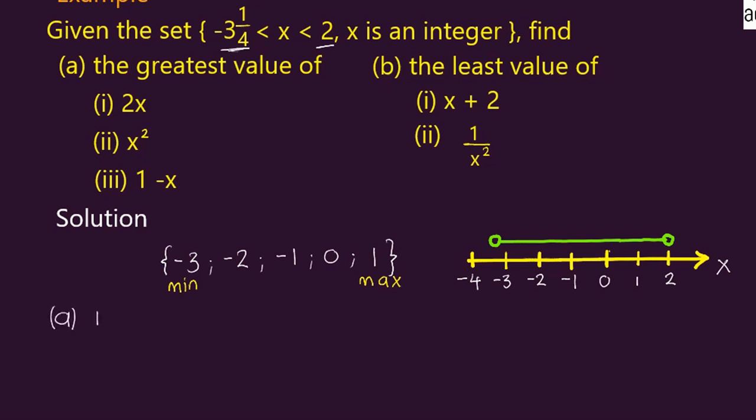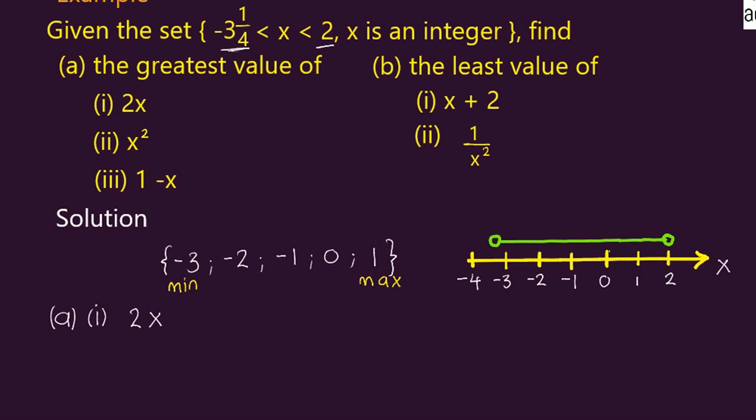So if we go on to part A part 1, in order for us to get the greatest value of 2x, that means we'll be multiplying the values of x that we have by 2. You may not necessarily need to multiply each of the terms by 2, but just using a little bit of reasoning, you can see that we get the greatest value of 2x when we multiply 2 by the greatest value of x, which in this case is 1.